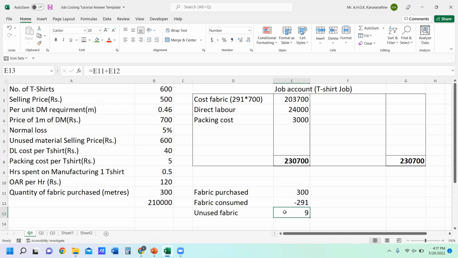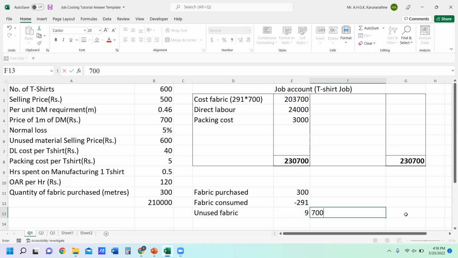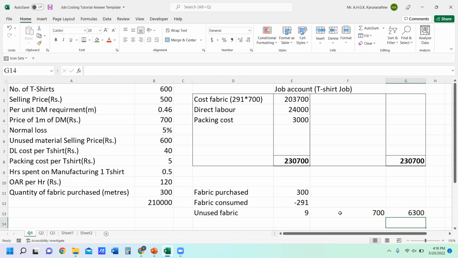This 9 meters should be disposed of. The cost of 9 meters is 6,300.